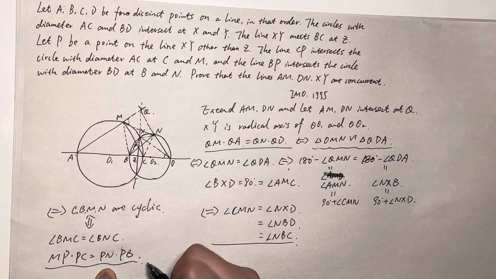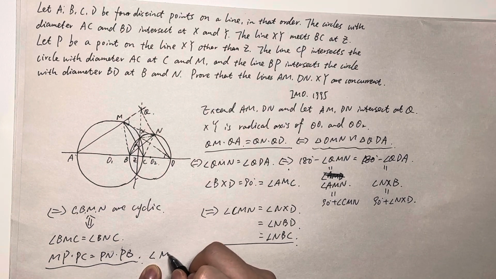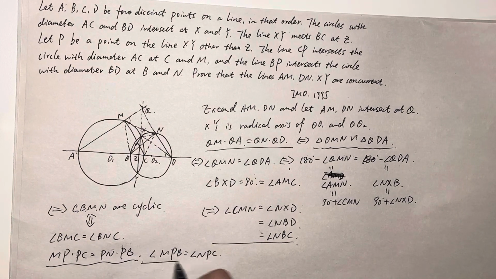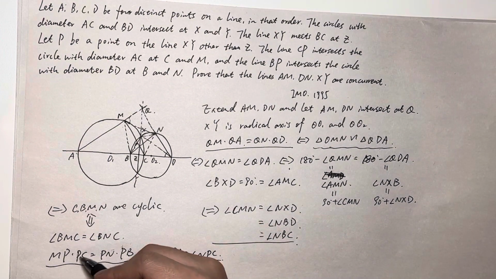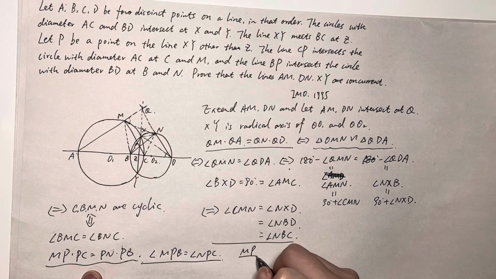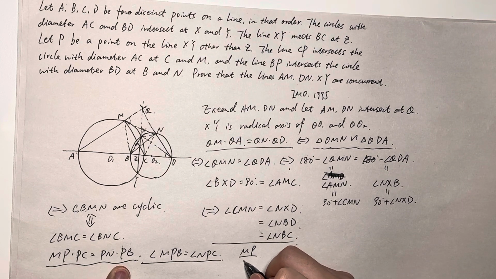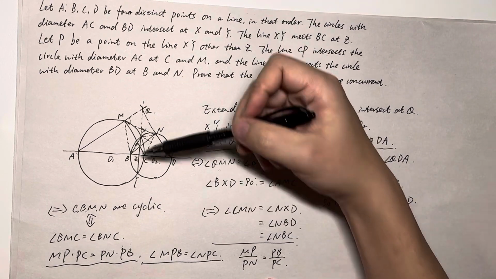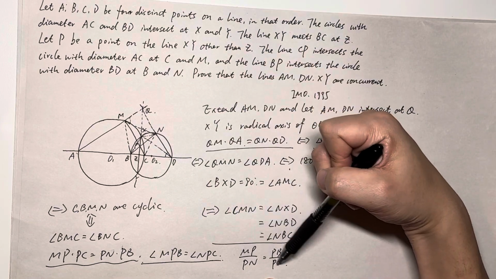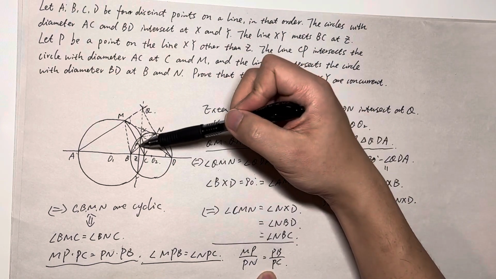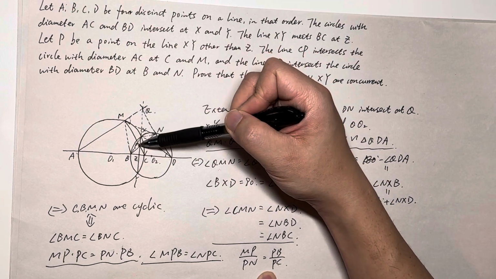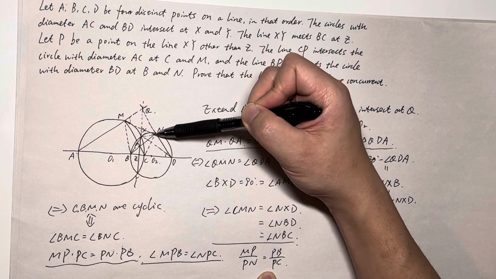And based on this, we already know that angle MPB equals angle MPC, right? From these two equations, this one can be rewritten as MP over PN equals PB over PC, right? So MP over PN equals PB over PC, and we already know that angle MPB equals angle MPC.